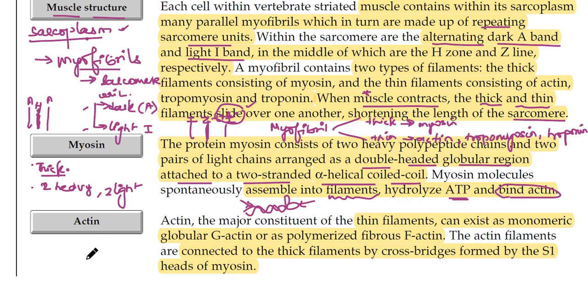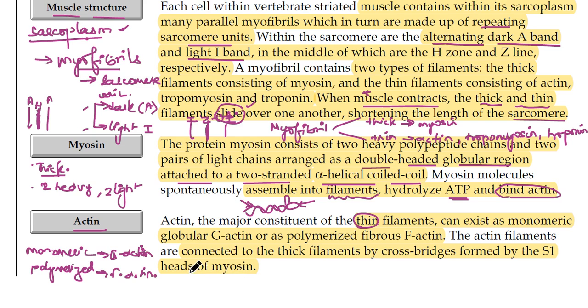Now coming to the next, actin. Actin is the constituent of the thin filament. It can exist in the monomeric form, known as G-actin, or the polymerized form, known as F-actin.